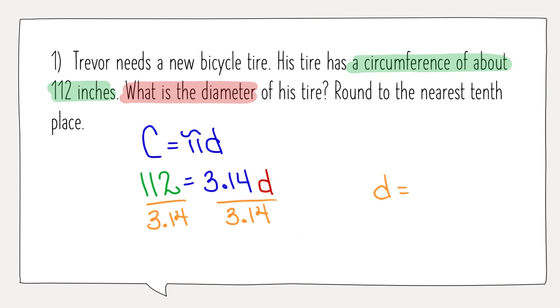And we're going to be extra studious and read the fact that it says round to the nearest tenth. Not hundredth. Tenth. So no long decimal answer. What's the answer? The answer is 35.7. 35.7 inches. Very good.